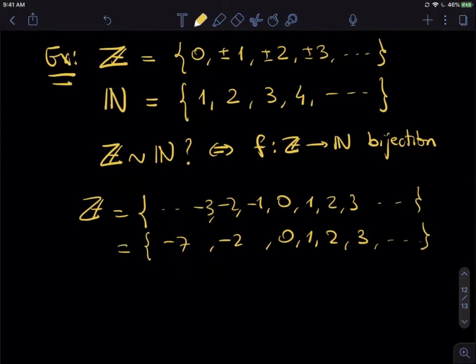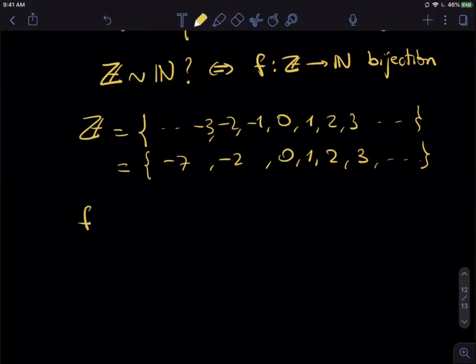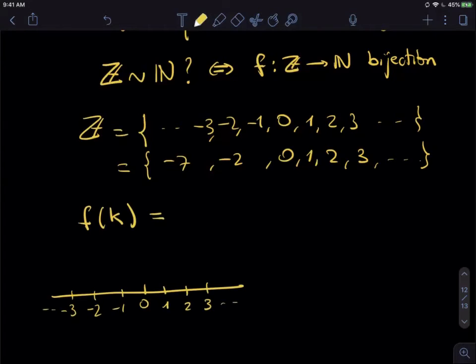So how do we do that? What we are going to do is define a mapping f of k. And we are going to do it geometrically. We have here our integer numbers, and the way we are going to put them is interlaced.